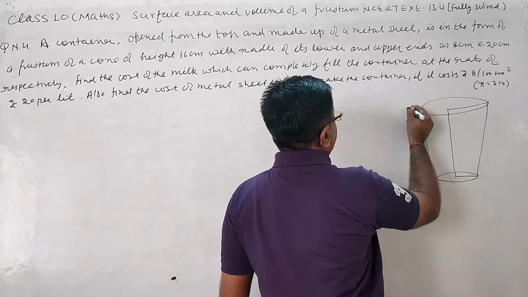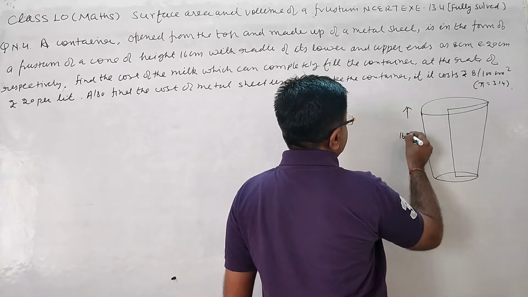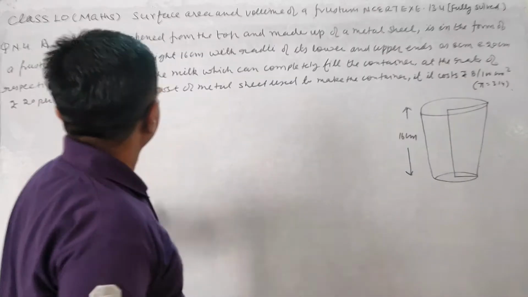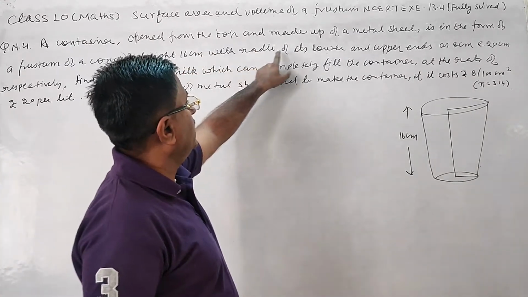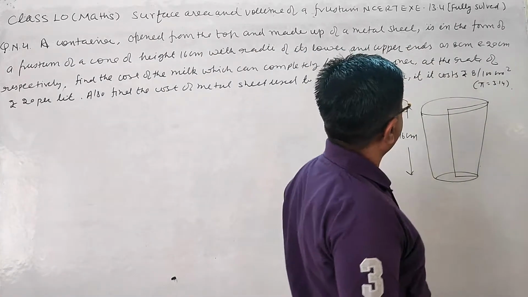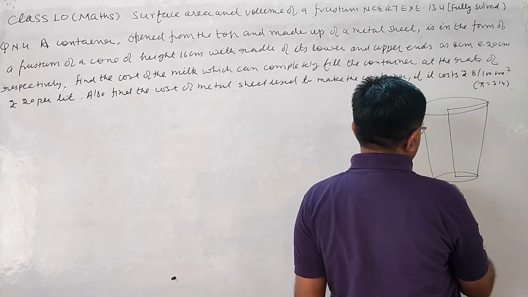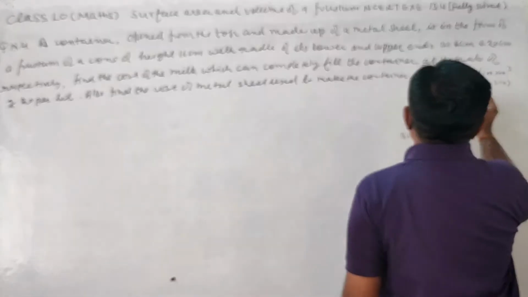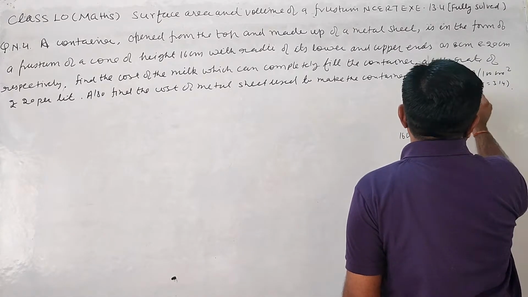Here the height of the frustum is given as 16 centimeter, with radii of its lower and upper ends. So we are given the radius of the lower end as 8 centimeter and the upper end as 20 centimeter.